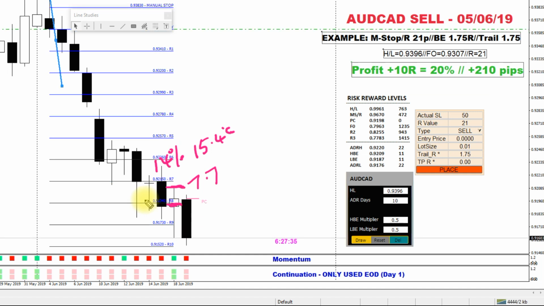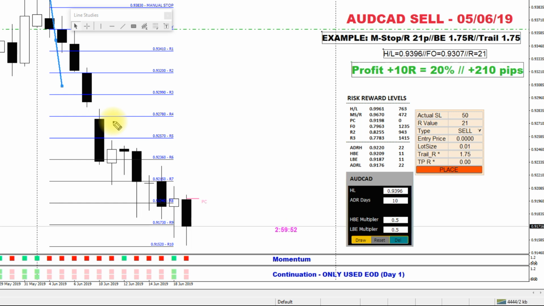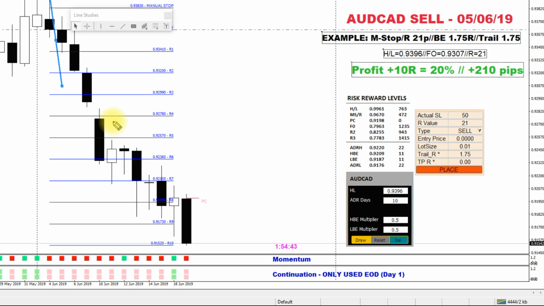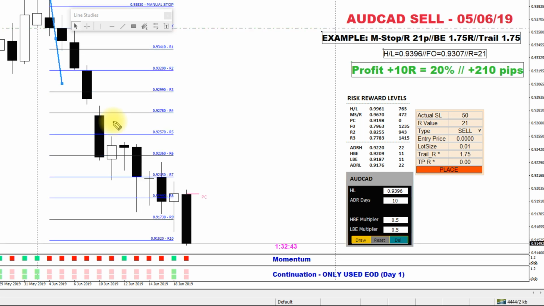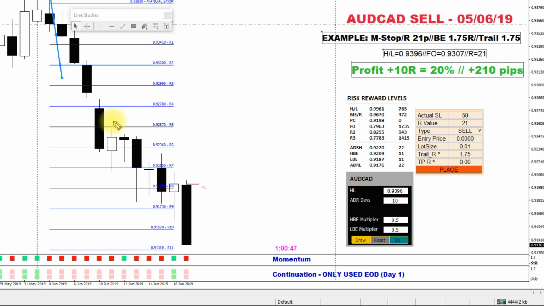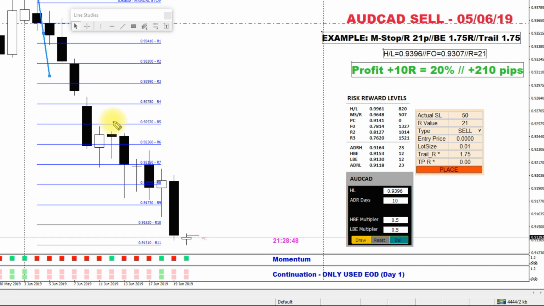So now we are at R8. Our stop is at R8. Our stop is now at R9.